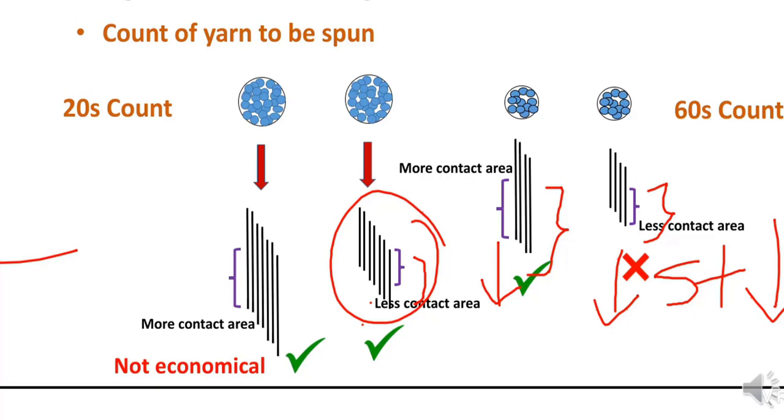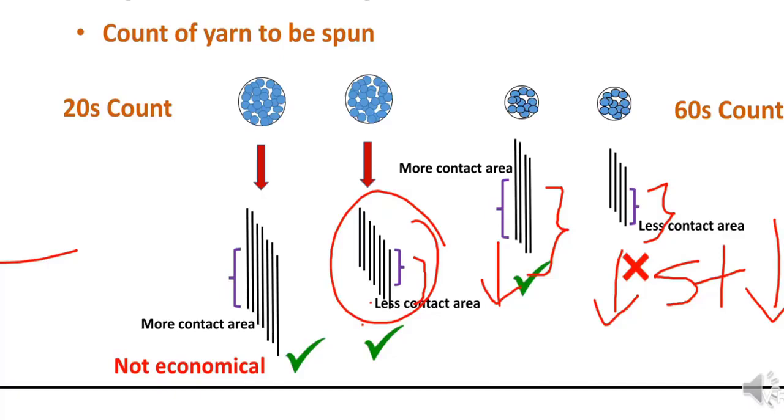Mainly because in case of short fibers, we get less overlapping area, because of which interfiber friction reduces. And with same number of fibers in cross section, we may get lower strength to the strand. As far as coarse count is concerned, this effect is compensated by number of fibers in cross section. But when you move towards finer counts, they have less number of fibers in cross section.